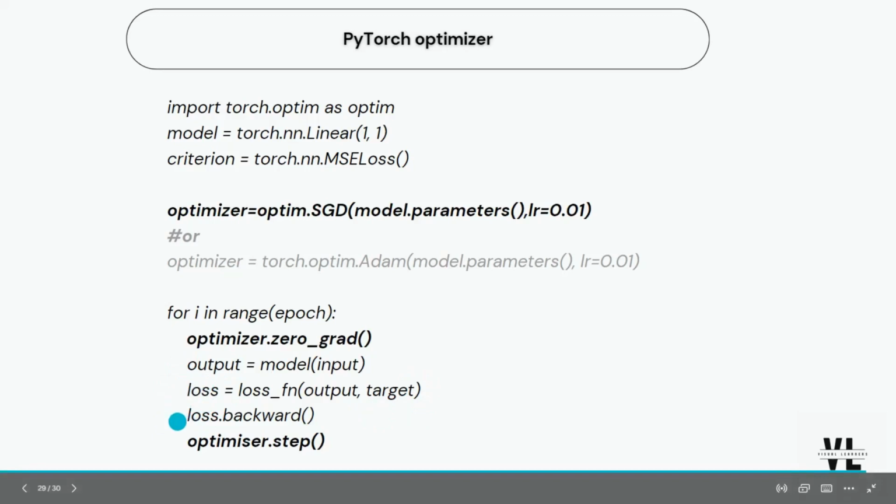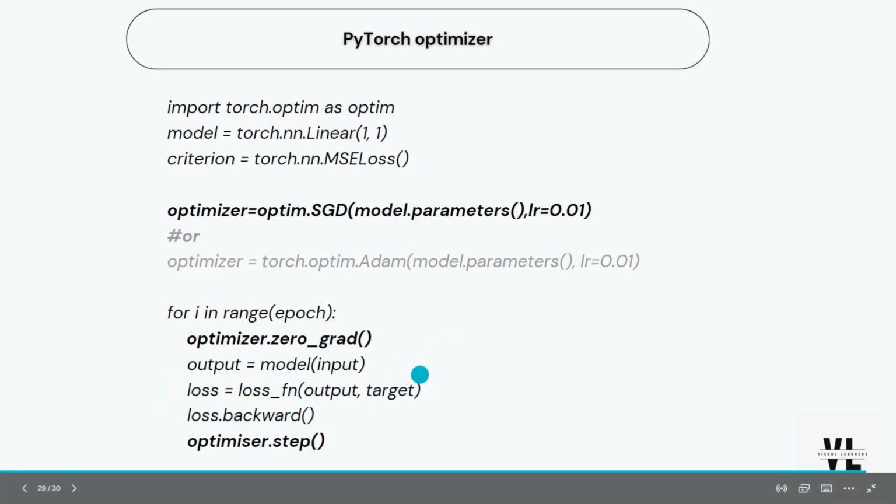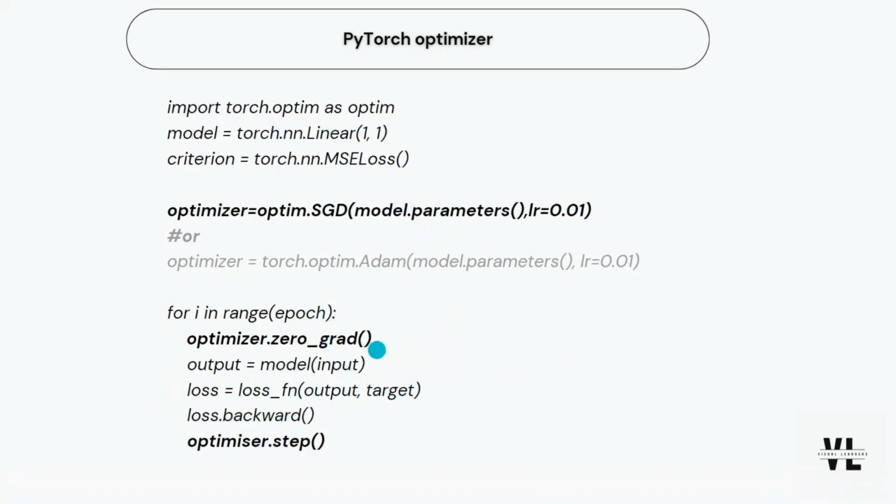Once the loss is computed, we need to compute the gradients, and in order to do that, we need to call the backward function. When you call the backward function on the loss, the computation graph has already been built, and the loss will be the final function. When you call backward, it's going to track the gradients for the parameters, and it's going to compute the gradients for each parameter.